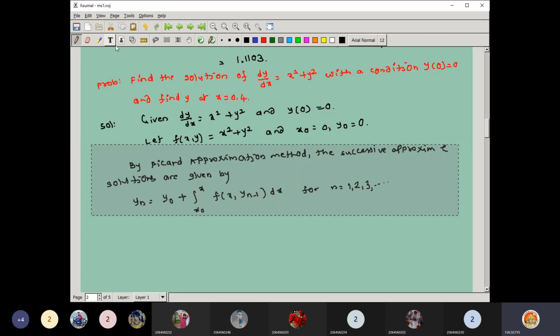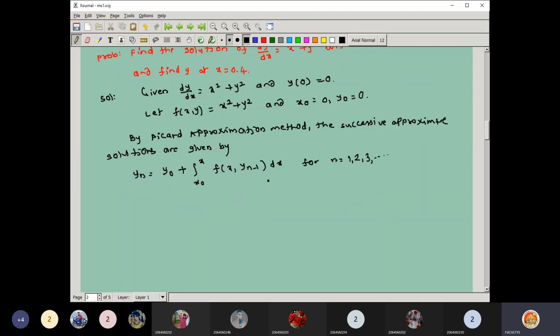So just try to find that value. I'm using Picard's approximation method, where the successive approximate solutions are given by that particular formula in order to get your value.